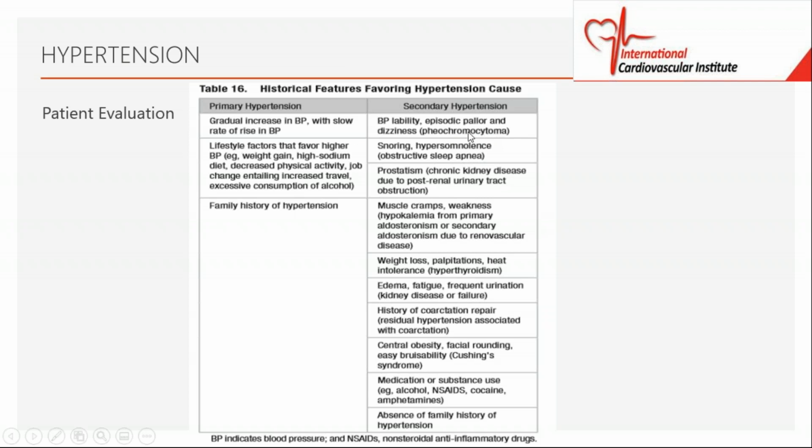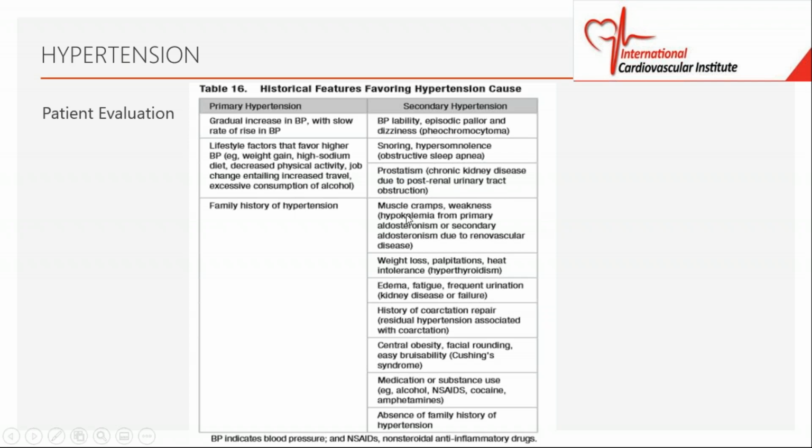Those patients will present with hypertensive crisis, episodic elevation in blood pressure with dizziness. Of course, we talk about the patient who's snoring, with hypersomnolence, drowsiness, suspect sleep apnea. Patients who have prostatism, suspect chronic kidney disease.